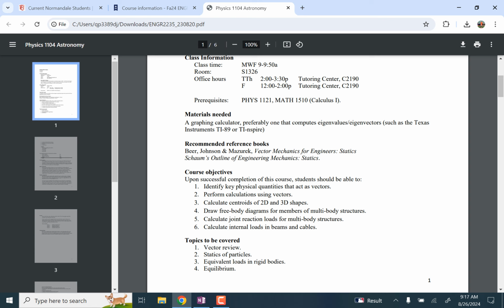But if you're interested, basically this first textbook is listed here just so that when departments contact me about transfers and I send them the syllabus, they see that this is the material that I'm covering.